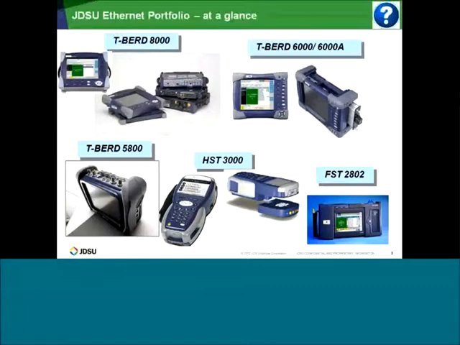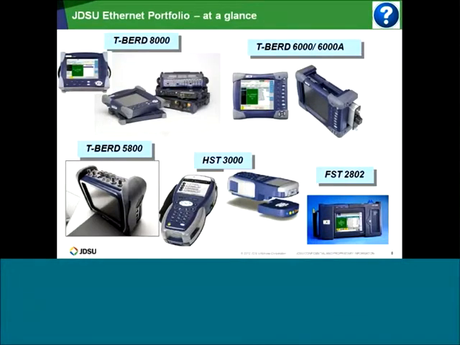Before I get into that, perhaps you have seen most of our product portfolio. We have, of course, the T-BERD family of products, and back in the days, we had the FST 2802. A lot of you that I've met recently, I've seen all of our equipment pretty much in a lot of locations. The latest product that we have is the T-BERD 5800. It's a unit that allows you to do all the way from DS1 to 10 gig.